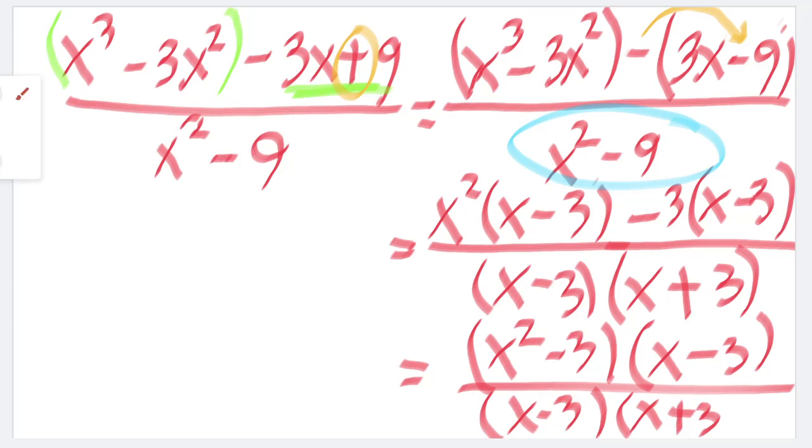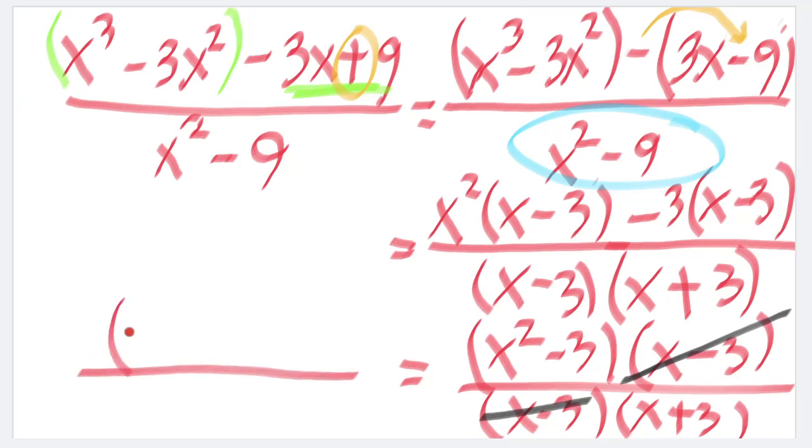Eventually, magka-cancel yung x minus 3. So, yung maiiwan na lang natin ay x squared minus 3 over x plus 3.